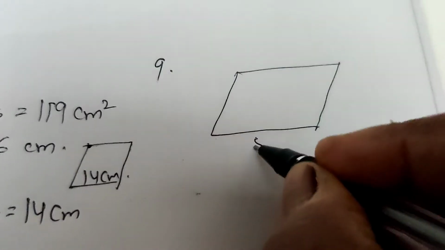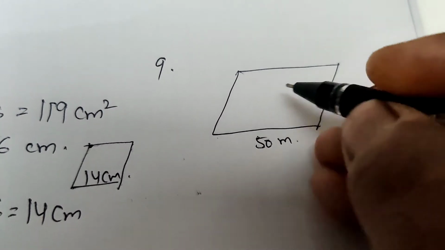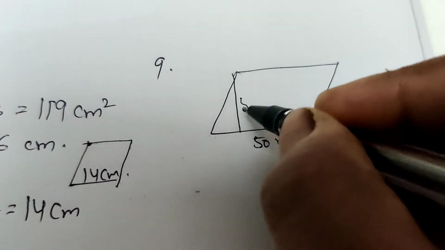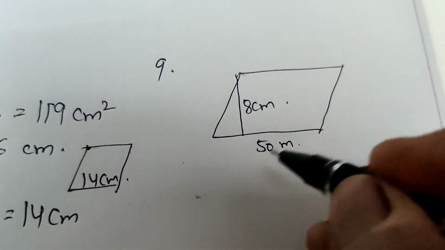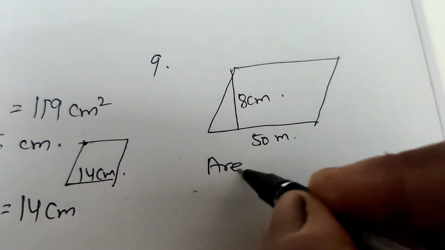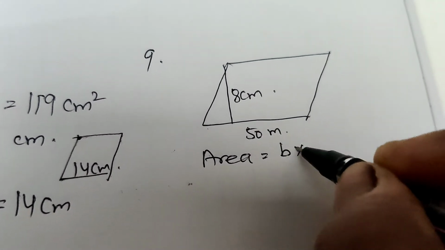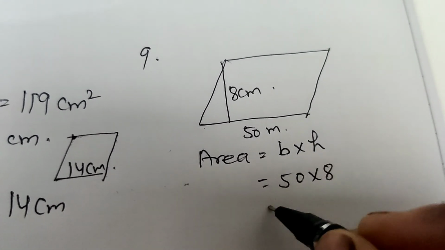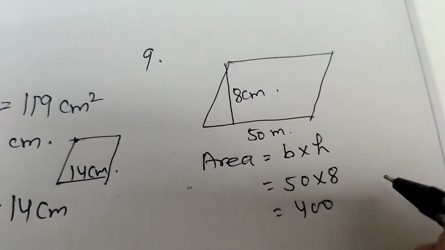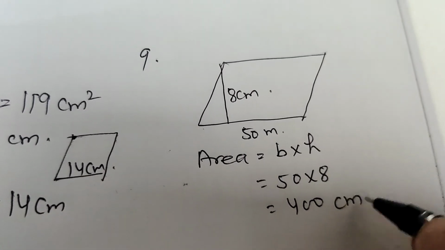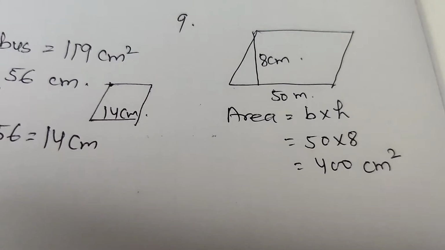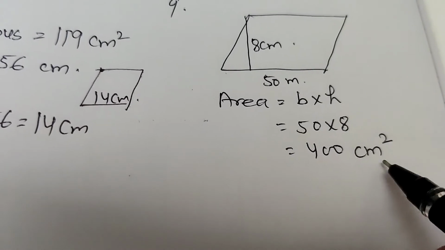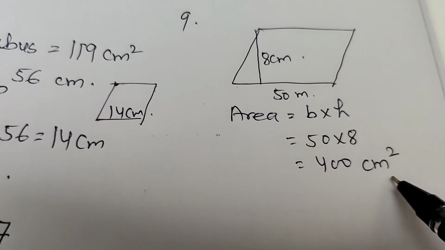The side is 50 centimeter and the altitude is 8 centimeter. Now the area of this parallelogram is base into height, 50 into 8, which is 400 centimeter square. The other altitude is 4 centimeter.